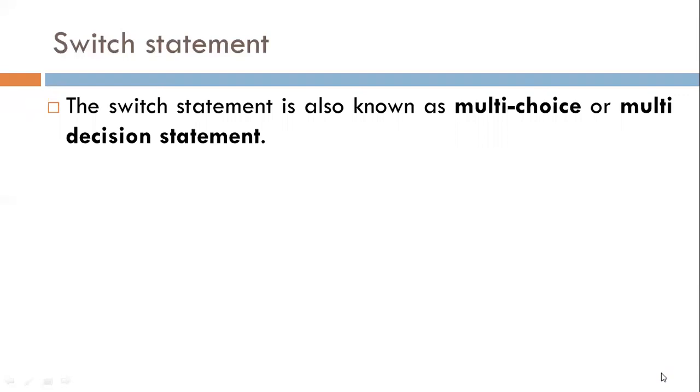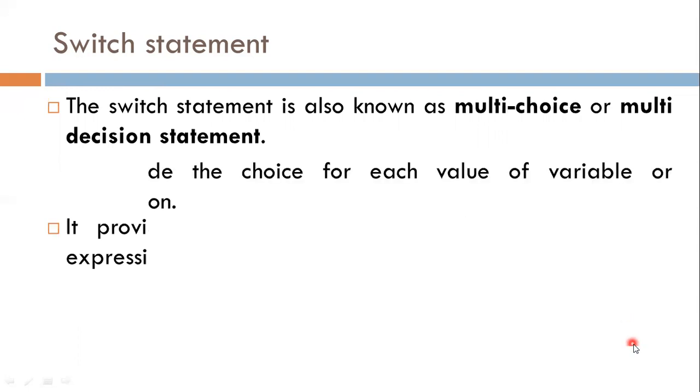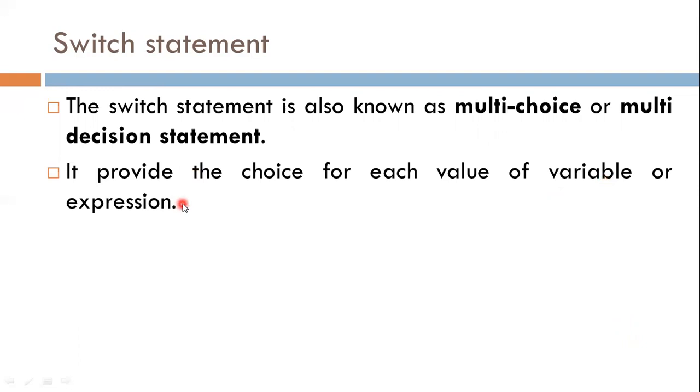Now next is the switch statement. Switch statement is also known as a multi-choice or multi-decision statement. It provides a choice for each value of a variable or expression. Meaning one variable or expression is passed to the switch statement and we write all choices for each value of the variable.